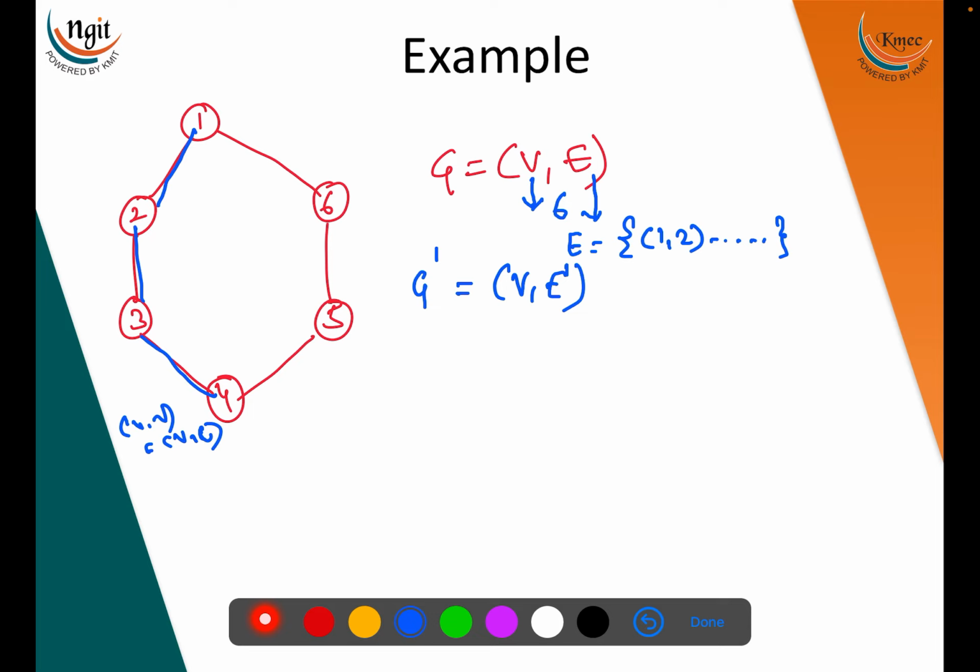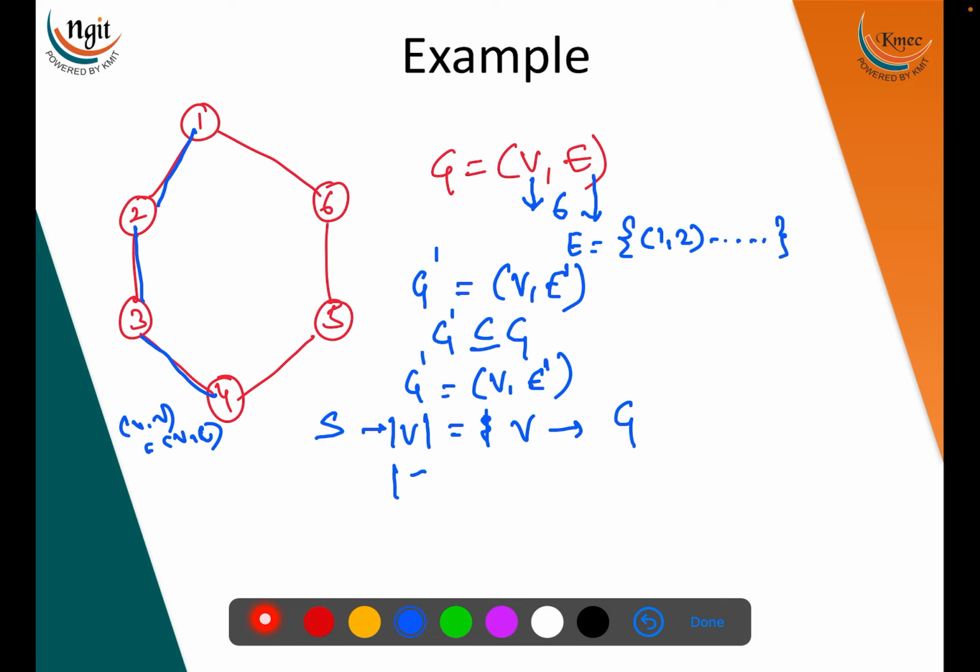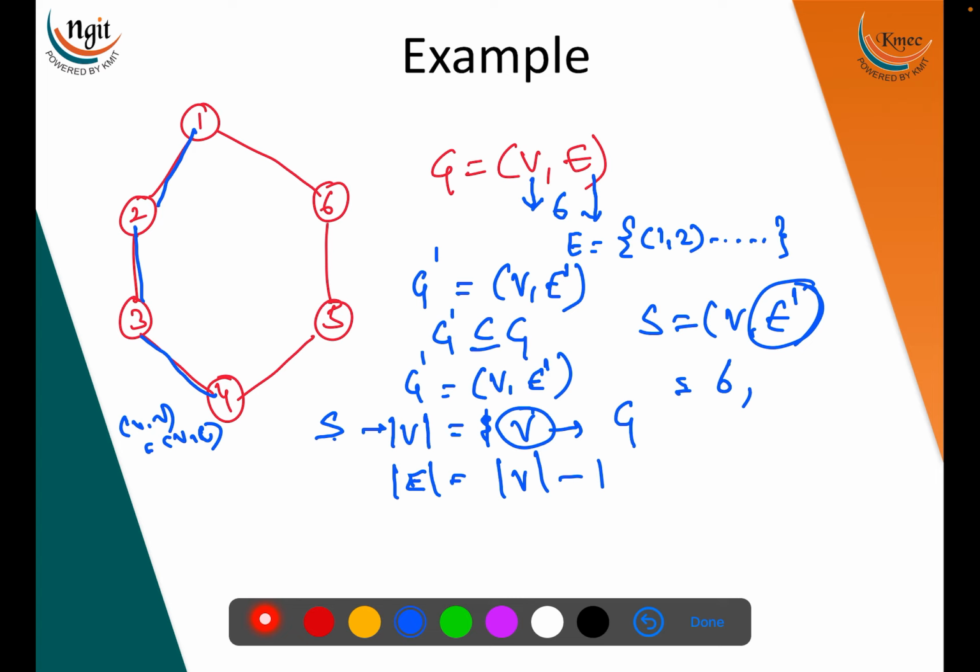That means G dash is a subset of the graph, where V is the same V. That means this V is of graph G, and this V is of S. Now E dash is equal to V minus 1, right? Now how many vertices in the spanning tree? S is equal to V comma E dash. That is, the number of vertices is 6. E dash value is what? V minus 1. That means 5. So I should have a spanning tree with 6 vertices and 5 edges.